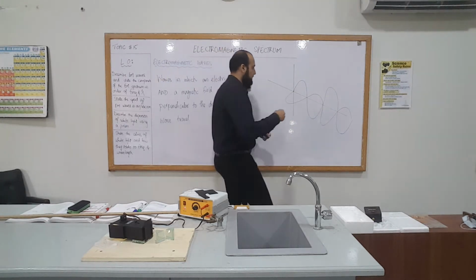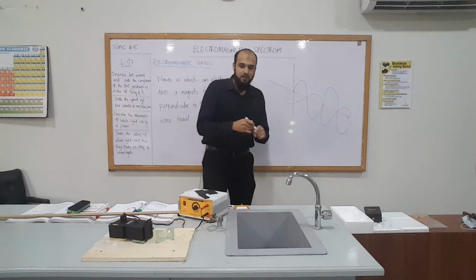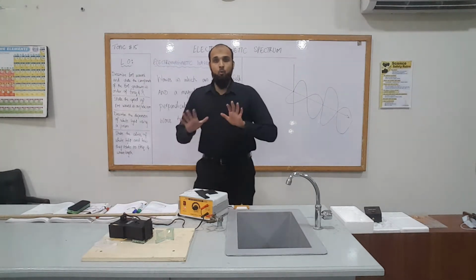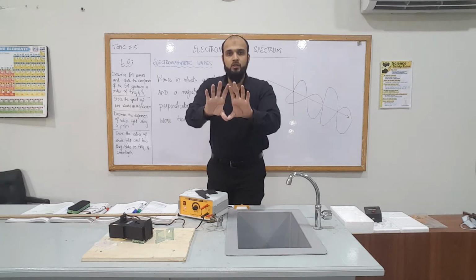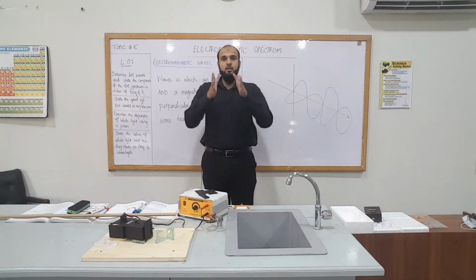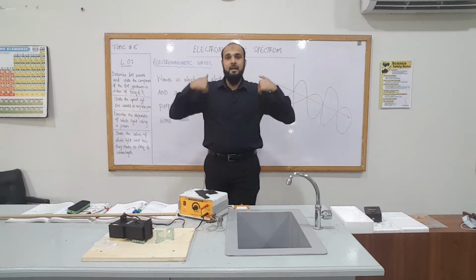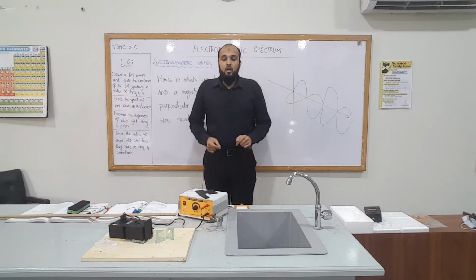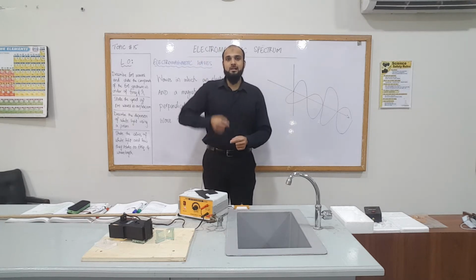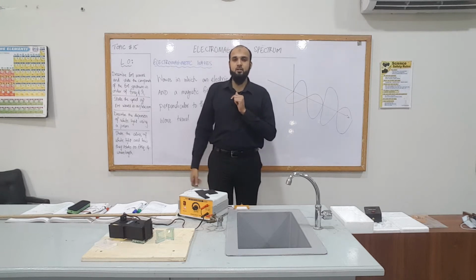So for example, what that means is a wave is directed towards you, right? So it's incoming towards you, you've got a wave that's traveling towards you. You've got an electric field that's oscillating up and down, which is at 90 degrees to the direction of travel.